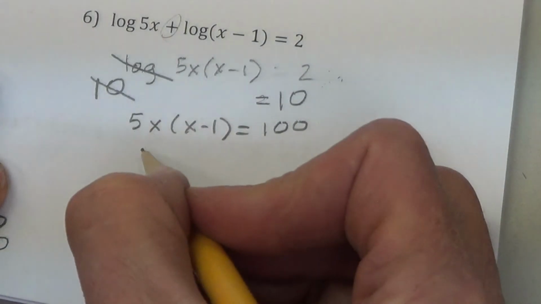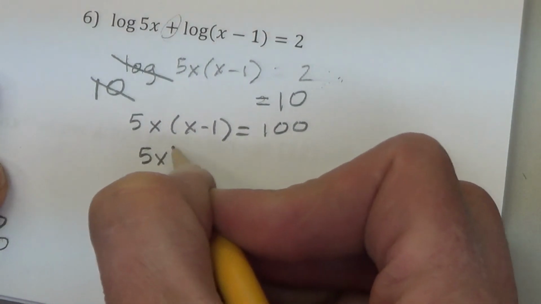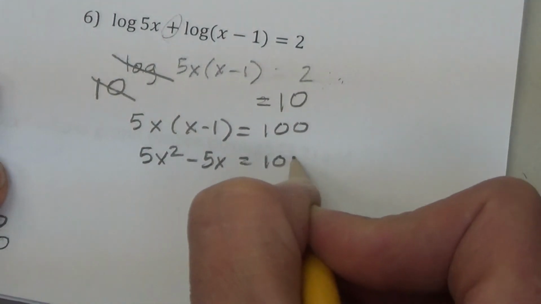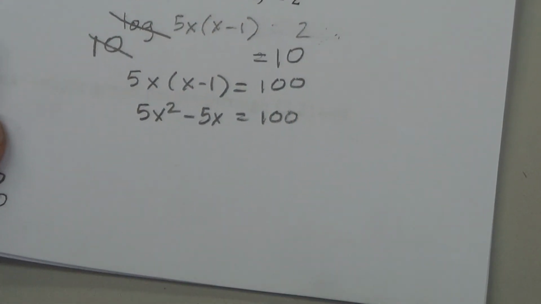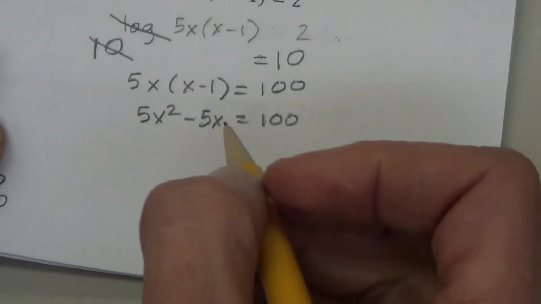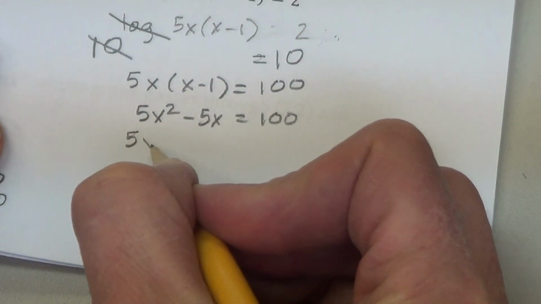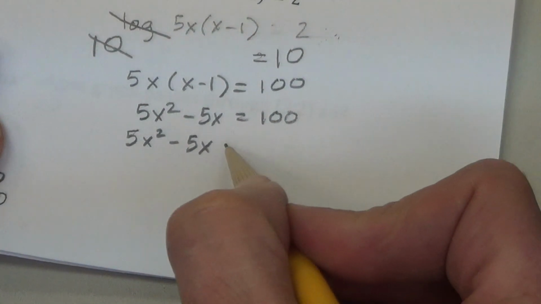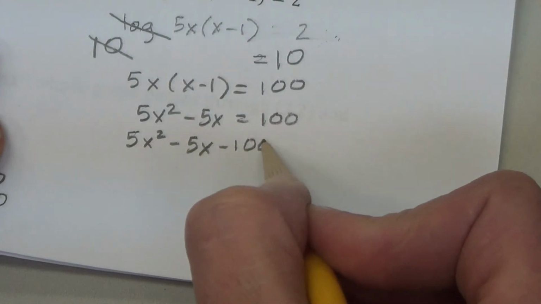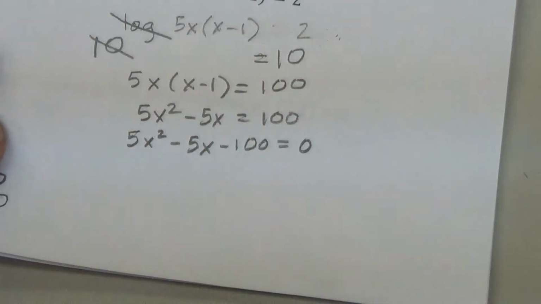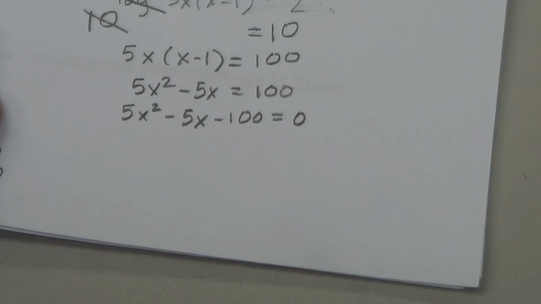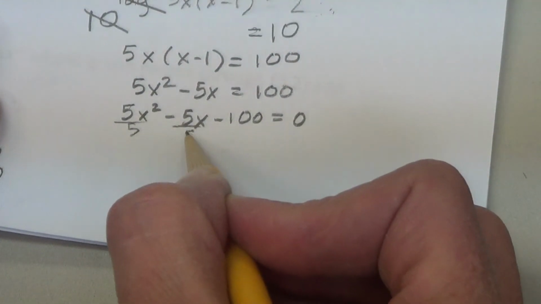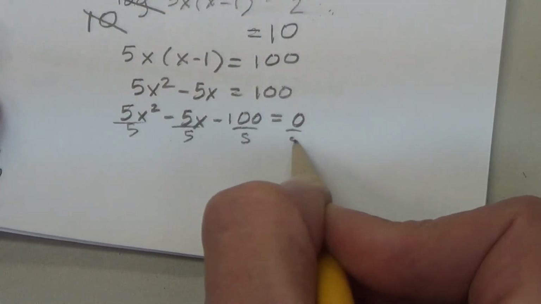Now we have 5x squared minus 5x equals 100. We subtract 100 from each side. 5x squared minus 5x minus 100 equals 0. Factor out 5, or divide everything by 5, because we see it can be reduced.